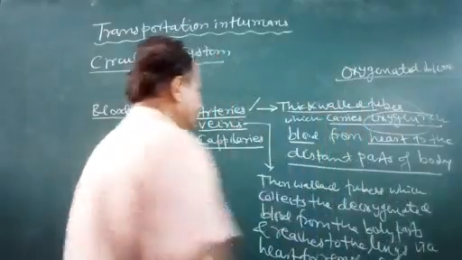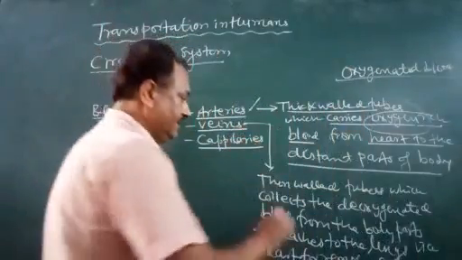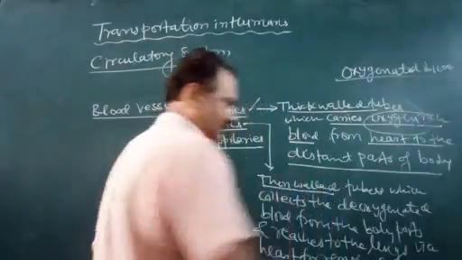So, see, arteries have thick walls and veins have thin walls.